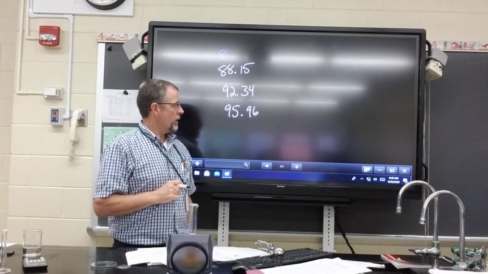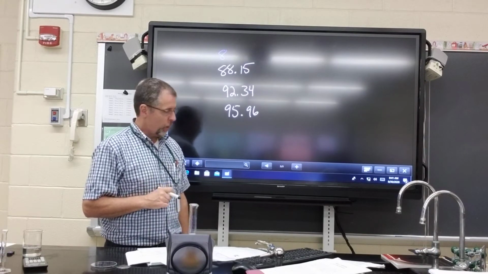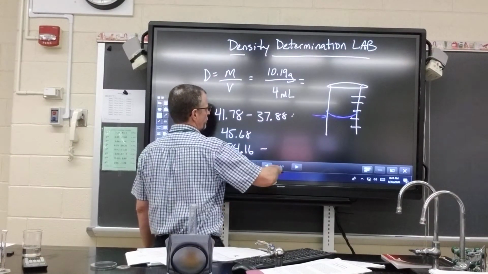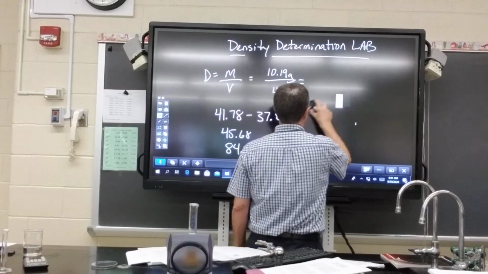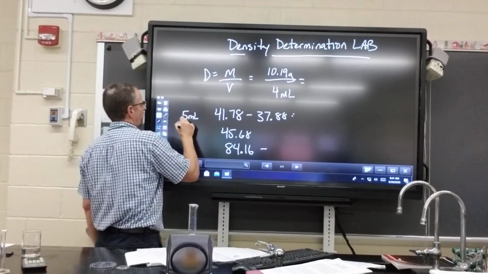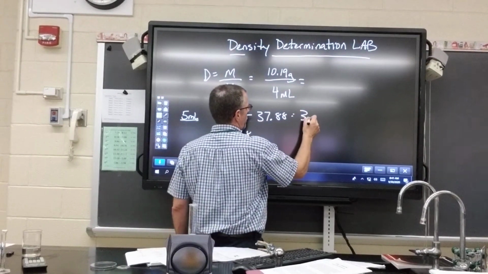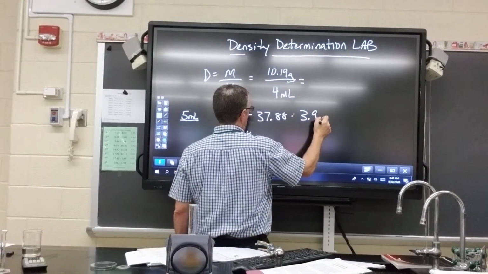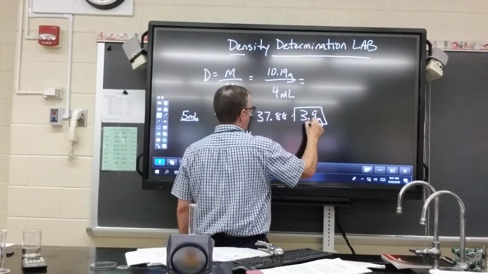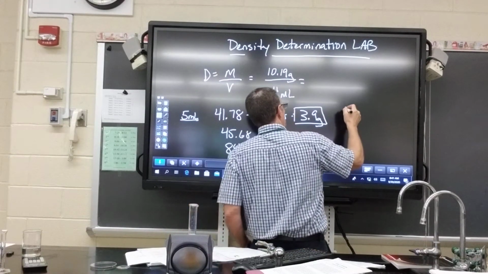Now, once I have all these values, I can go ahead and calculate the density. So if we go back to number 1, my first question, the first one. So this was for 5 milliliters here, right? And I do the math there. I get 3.9 grams, right? So that was the mass of 5 milliliters of this liquid. So now to do the density, right?